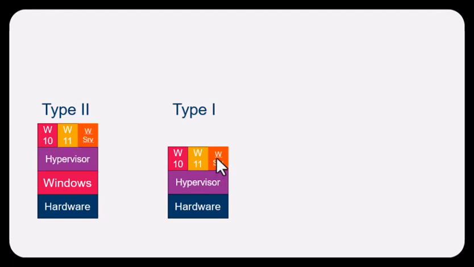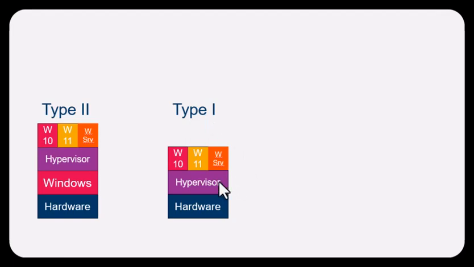Now, when we look at these on my computer in just a moment, we're actually looking at type 2 hypervisors for VirtualBox and VMware. But for Hyper-V, which is built into Windows and available to you, that's a type 1 hypervisor. Now you say, wait a minute, how is that a type 1 hypervisor when I'm running Windows when I install it?